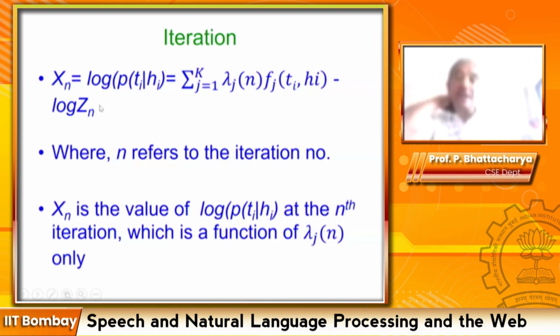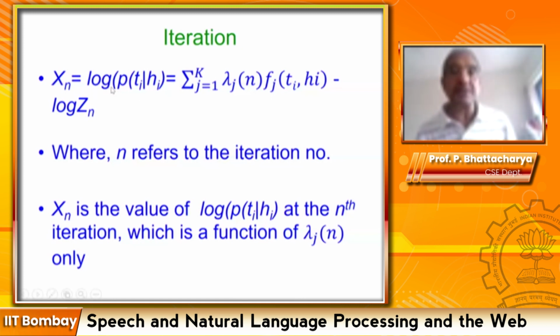What is n doing here? n is giving me the iteration number. So there is an iterative algorithm where all the lambdas are initialized, and after initialization we apply gradient descent to get the next value of lambda. We are coming to that very soon.